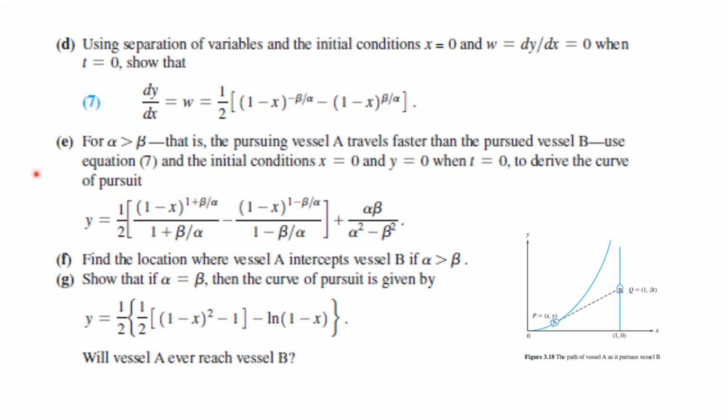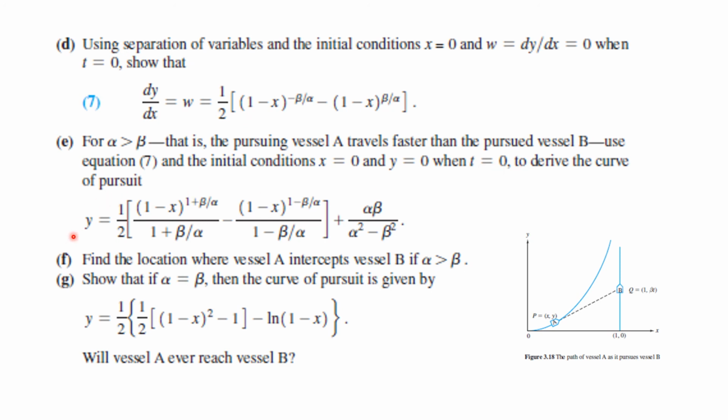Part E, you are to assume for alpha greater than beta, that is, the pursuing vessel A travels faster than vessel B, and you want to use equation 7, which is this one, and these initial conditions to derive the curve of pursuit.